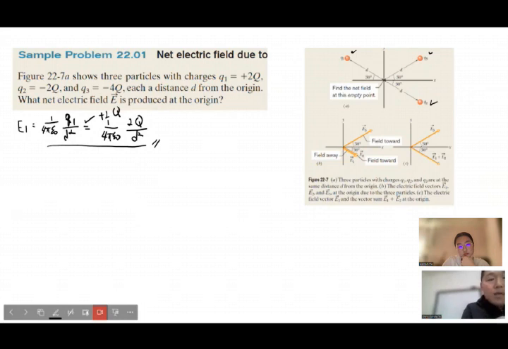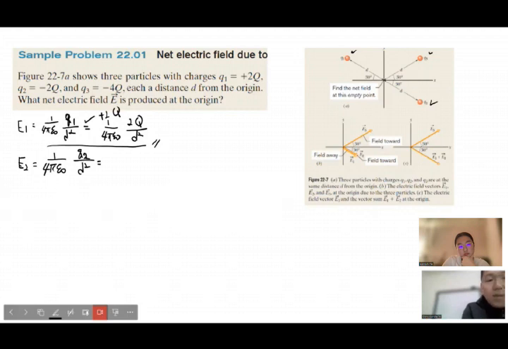And now we want to estimate the electric field from Q2. Same thing, we just estimate the field using Coulomb's law. It is 1 over 4 pi epsilon naught times Q2 over d squared.